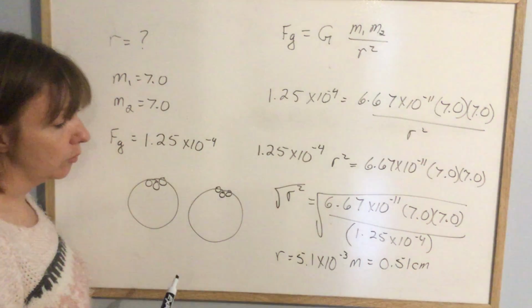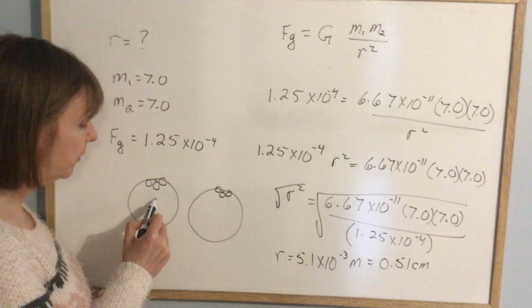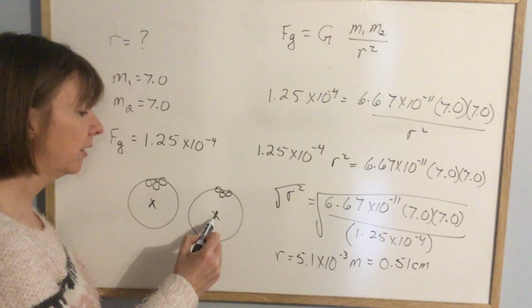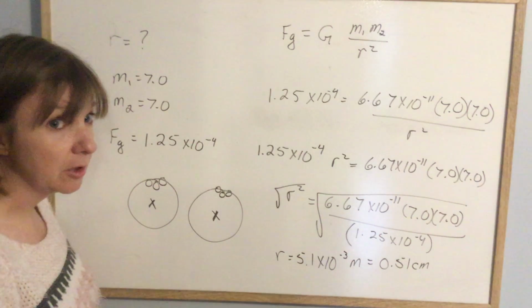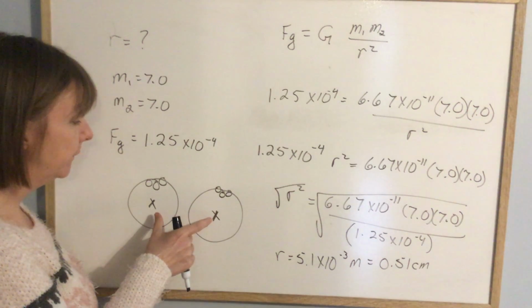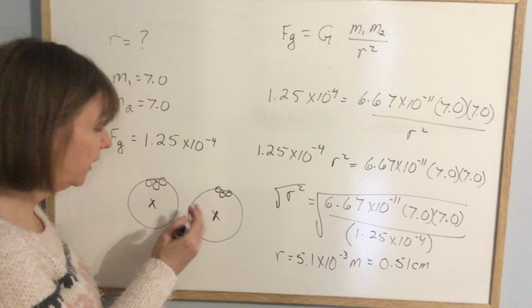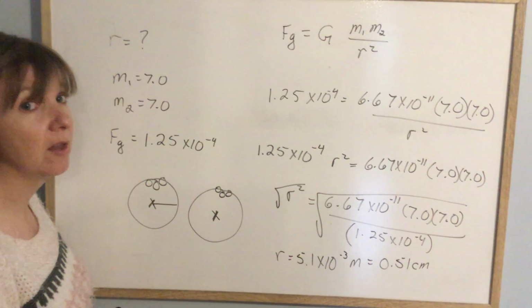It says that your radius between the two, and that means the distance from the center of one bowling ball to the center of the other bowling ball, should be 0.5 centimeter. You can't do that because the bowling balls are bigger than 0.5 centimeter wide. Like, the radius alone is more than 0.51 centimeters.